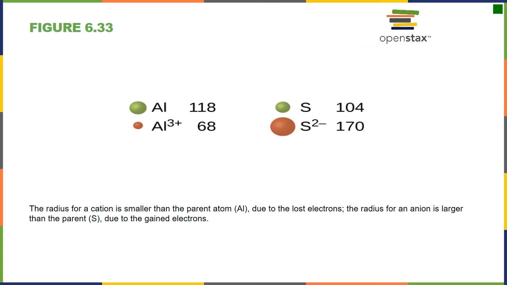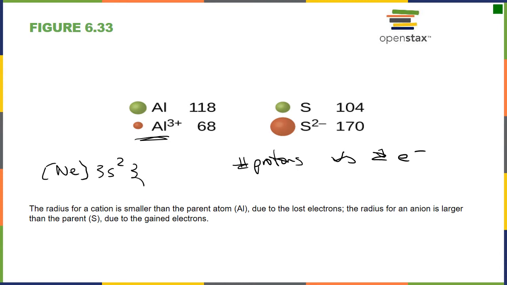Now, this is also going to affect the radius. When we look at this, it's going to be consistently about the number of protons versus the number of electrons and what orbitals these electrons are in. So aluminum, for example. Aluminum we know is neon 3s2 3p1.